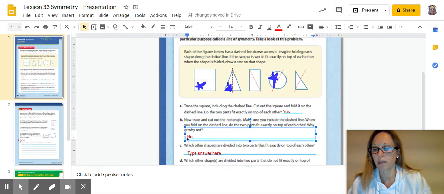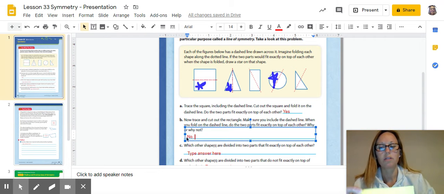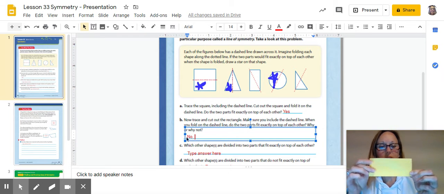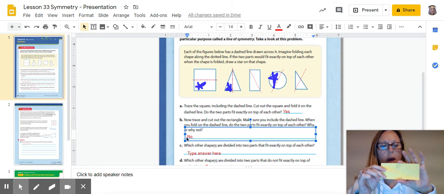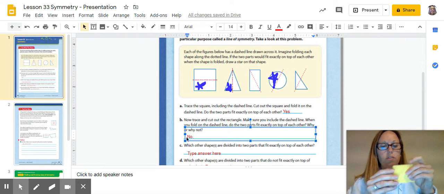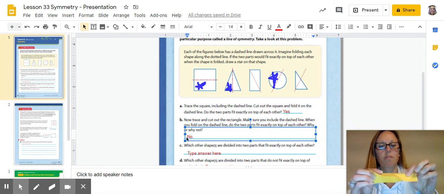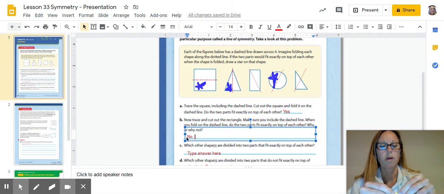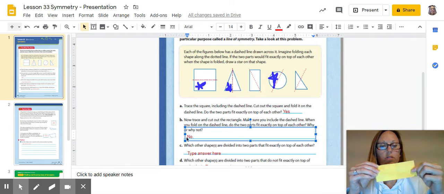The reason why is because on a rectangle, opposite sides are the same. So if we folded it along the opposite sides, or down the middle, then they would match up. But the diagonal lines don't match because it's the opposite sides that match.